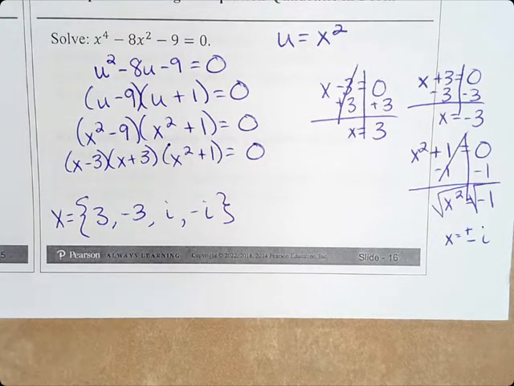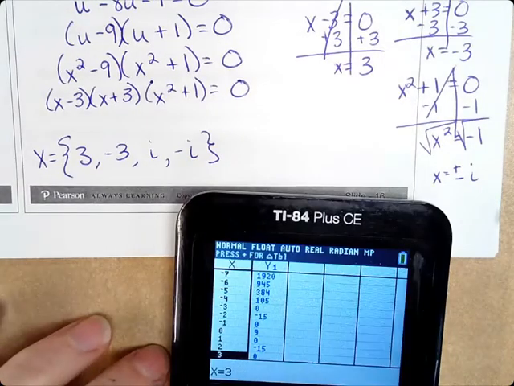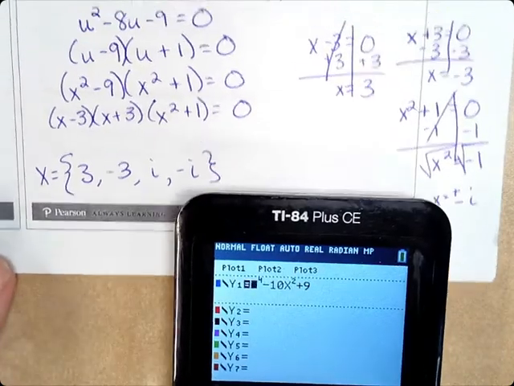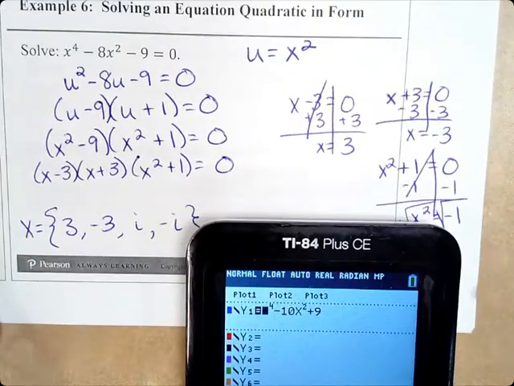Do y'all remember how i's show up as solutions in functions like this? Do y'all know what that's called in the graph? Okay, well, let's look at it. You'll remember as soon as you see it.